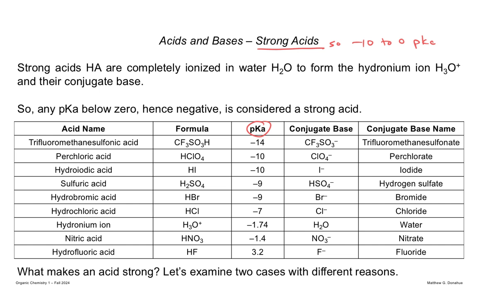So notice how you start from -14 and we end up at 3.2. So the top of the table here is the strongest. And the bottom of it is the weakest of the strong acids.